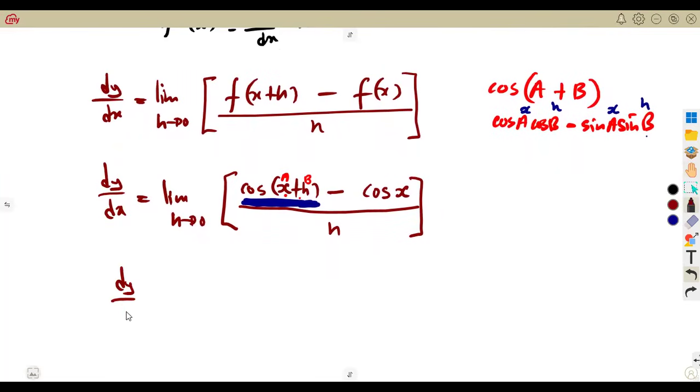So the derivative of y with respect to x is equal to what? Let us substitute the expansion. It is going to be cos x cos h minus sine x sine h.